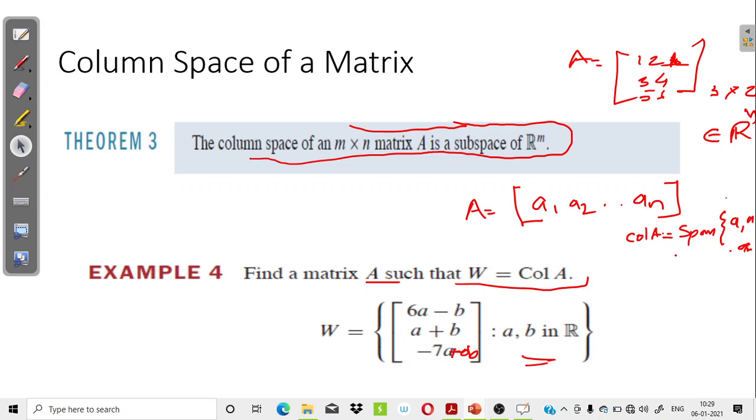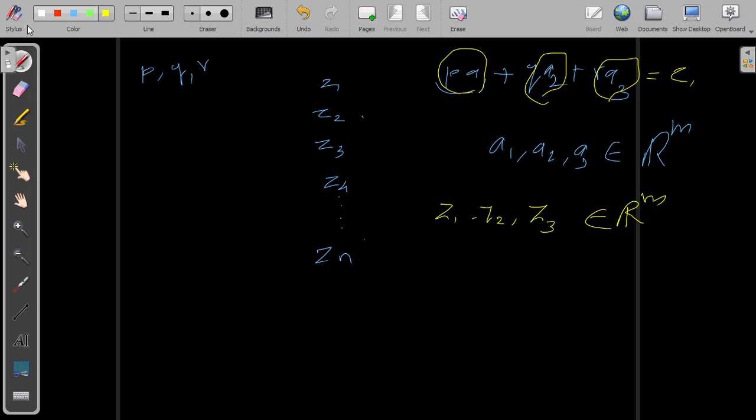That means the span of A1, A2, etc., An. I'm giving some meaning to this span.